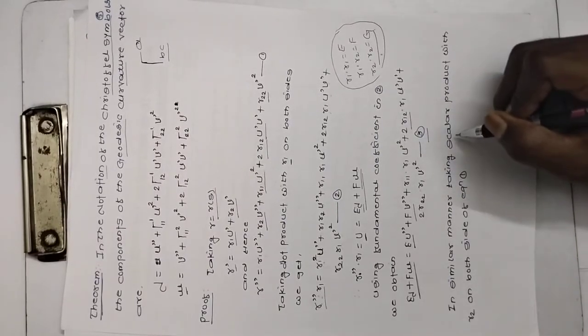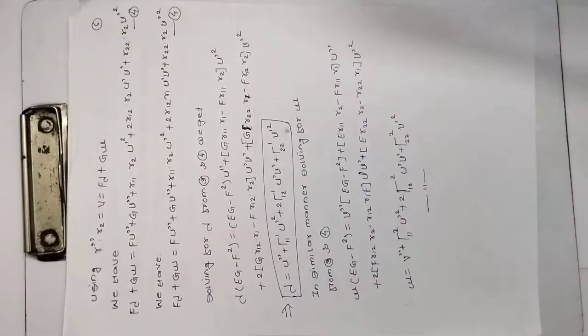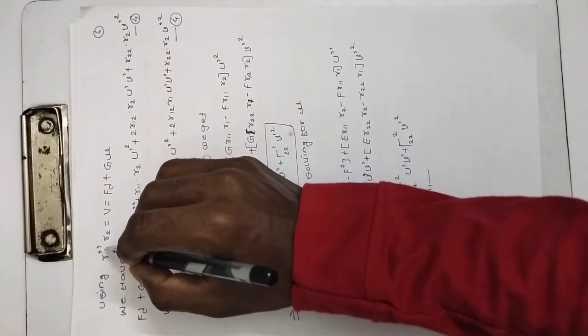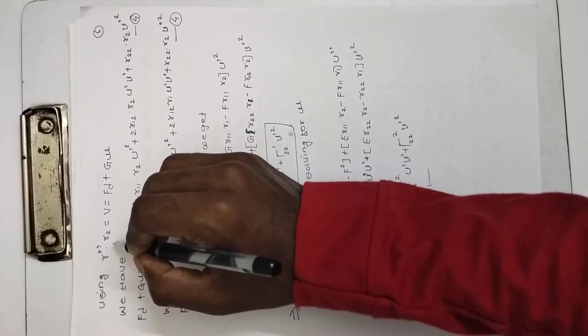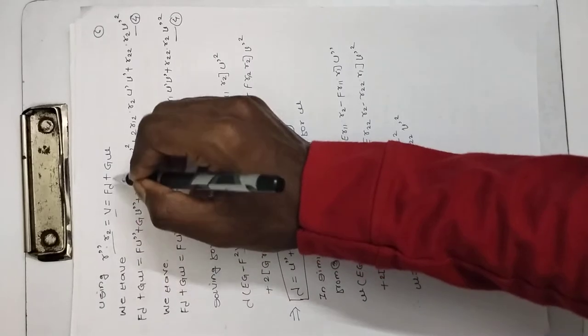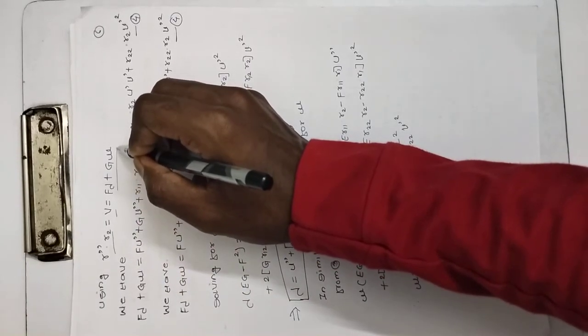In a similar manner, taking the scalar product of equation 1 with r2 on both sides, similarly we can calculate. So r double dash dotted with r2 is equal to F lambda plus G mu.